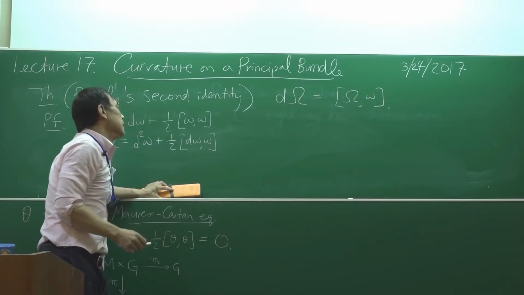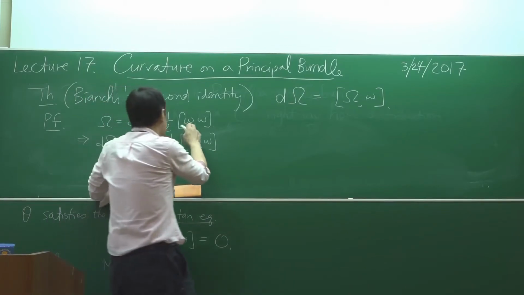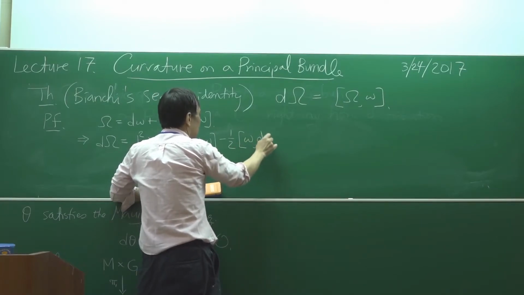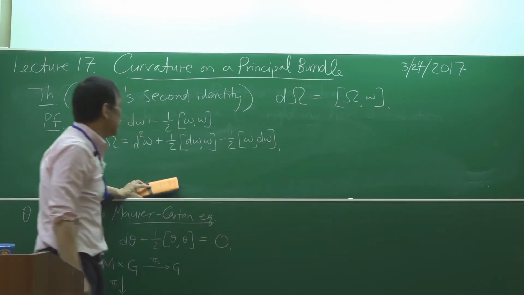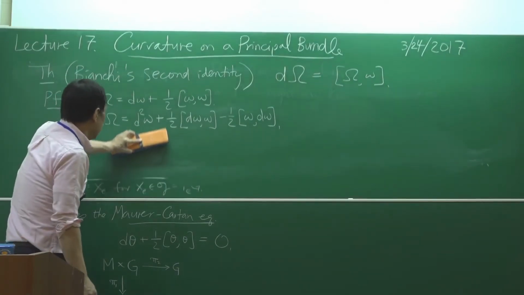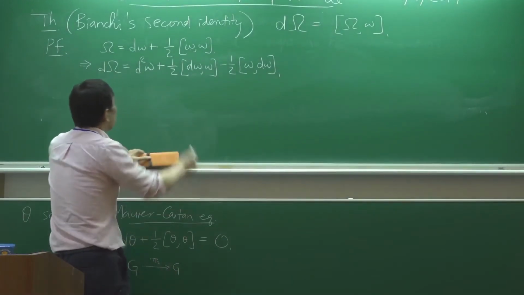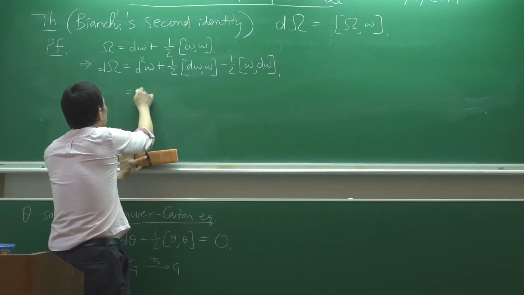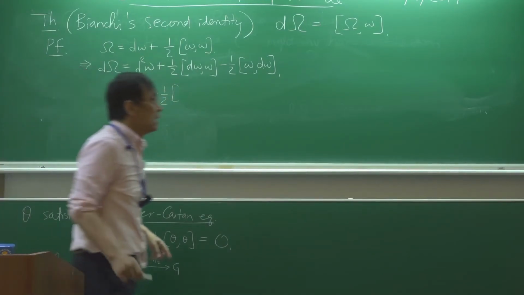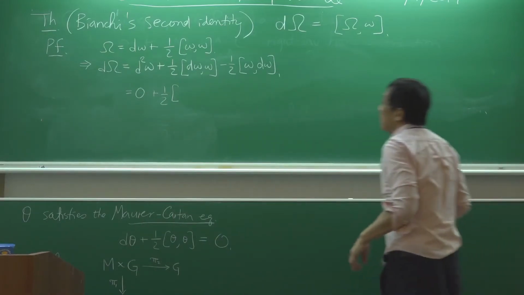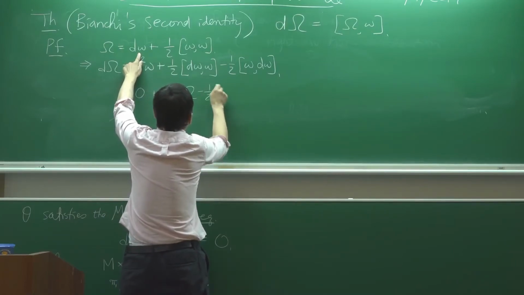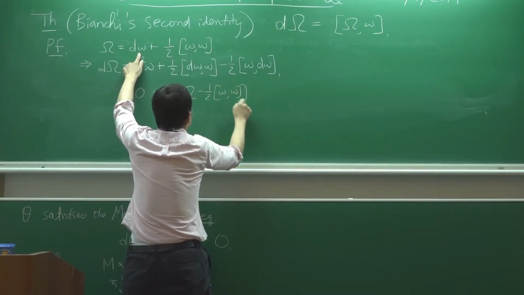And then since omega is a one form, you have minus 1/2 omega d omega. Now this first term is 0. Now d omega is big omega minus 1/2 bracket omega omega.